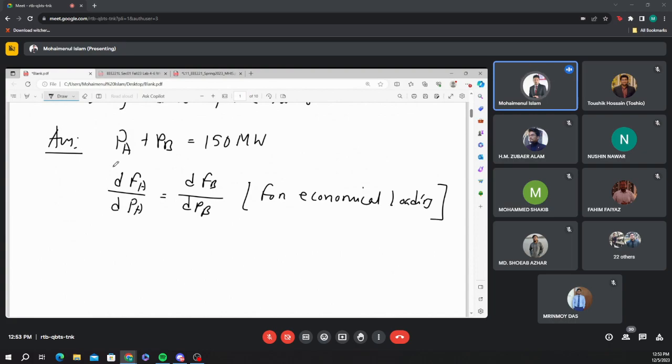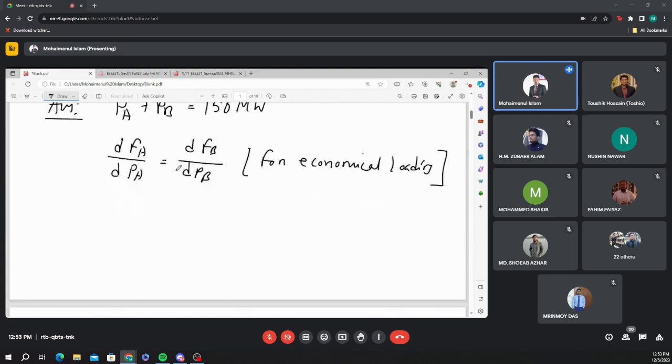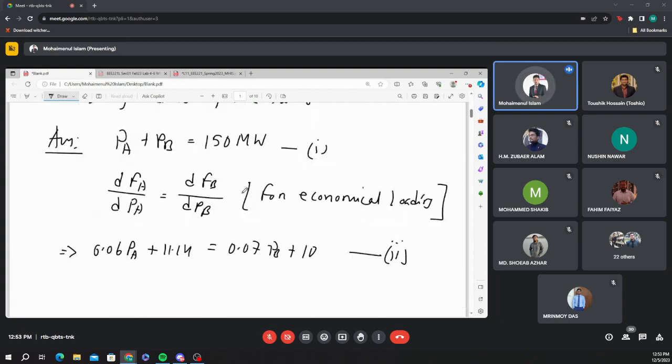Maybe in this case, PA and PB are not equal. So to find it out, you need to put the equations here. That is the first equation, and this is our second equation. So solving 1 and 2, you can get PA and PB.